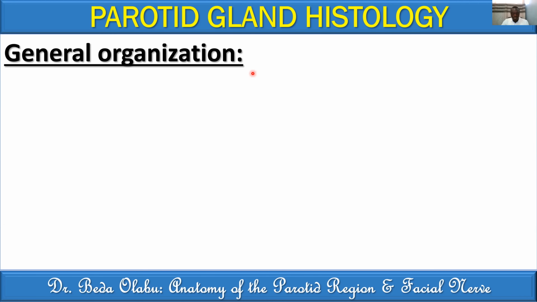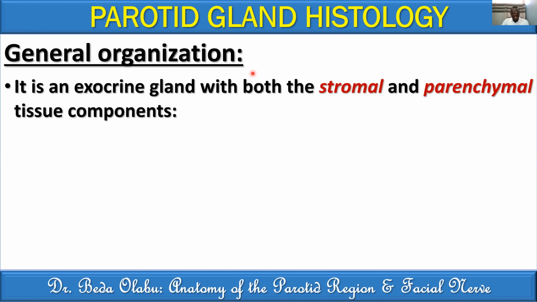So in general, the parotid gland, just like any other salivary gland, will be basically an exocrine gland with both stromal and parenchymal tissue components. So this is general for any major salivary gland. We'll have those two components, the stromal tissue and the parenchymal tissue.